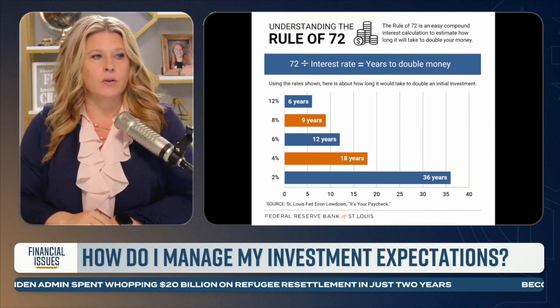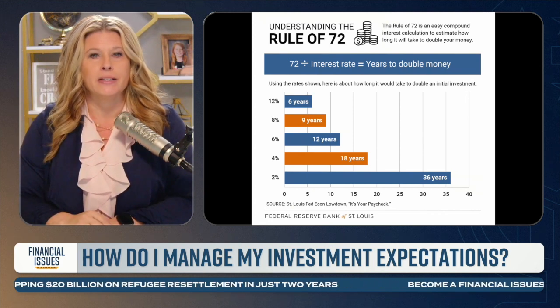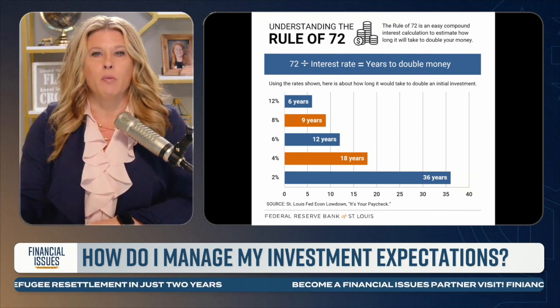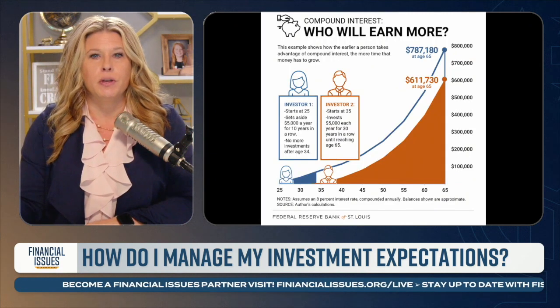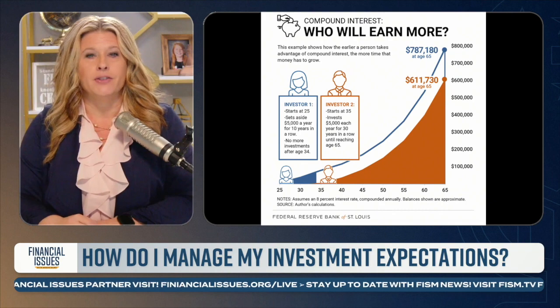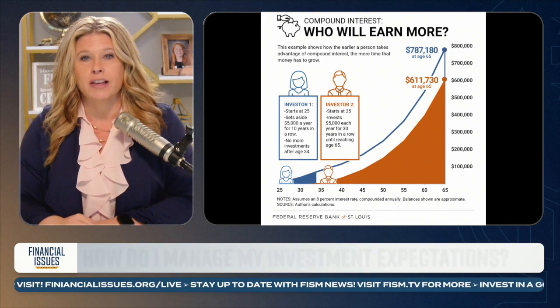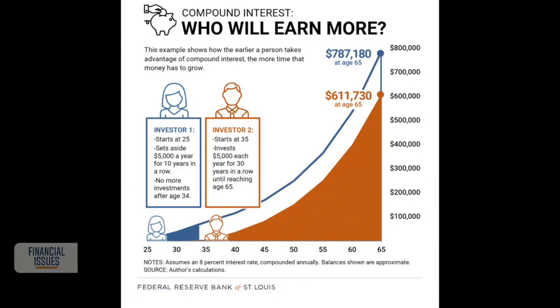So here's a little brain teaser for you, I guess, and we'll put the graphic up there on the screen if you're watching too. So who do you think will earn more money? Investor number one, who starts at age 25 and sets aside $5,000 a year for 10 years in a row and then doesn't put any more in after that.